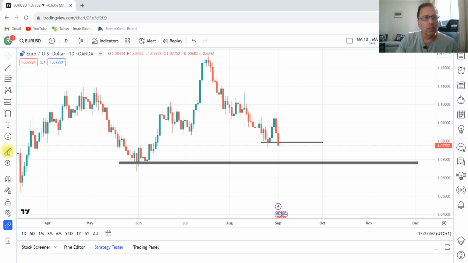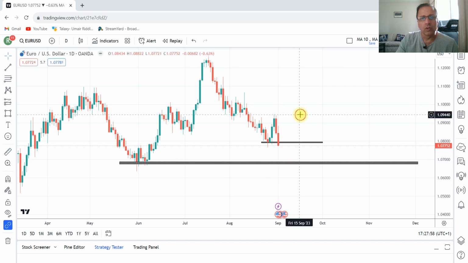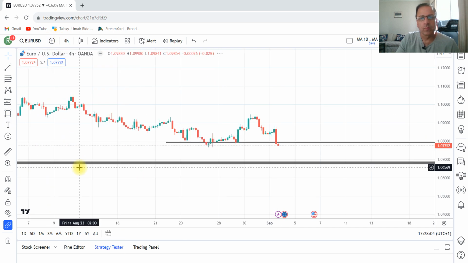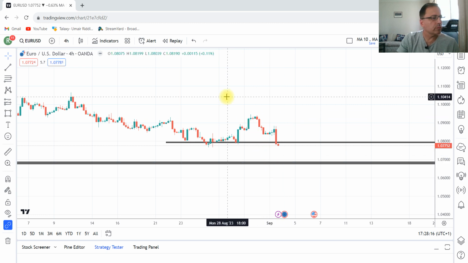So there are quite a bit of pips available if it keeps on going down, around 94 pips. I will check the confirmations, and if the seller pressure is still there, then it should go further down.